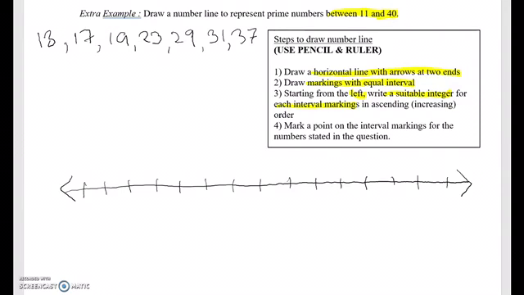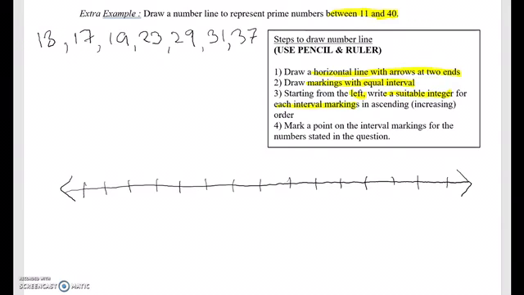So what I can do is, instead of increasing each interval by 1 unit, I can increase each interval by 2 units. Or, if it doesn't fit, I can try to increase it by 3 or even 4 units. For this example, I will try to increase the marking by 2 units.